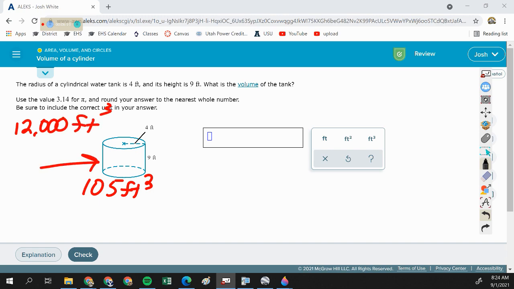How many of those cylinders can I fill up with that amount of water? What would you do? You take the 12,000 and divide it by 105, and I'd get 114.28, which we would probably round down to 114. Okay, get to work.